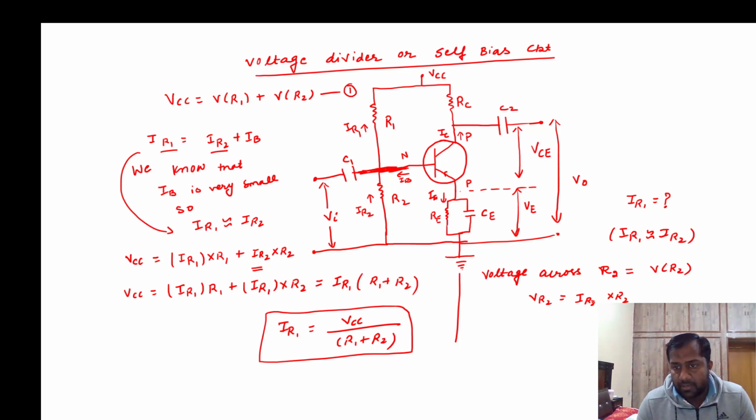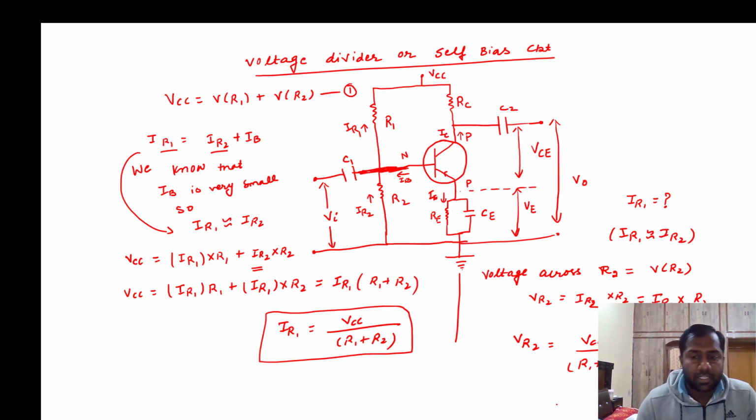So I can replace here, I can write IR1 into R2. So what is our VR2, children? This is VCC divided by R1 plus R2, into R2. So this is the voltage across the resistance R2.